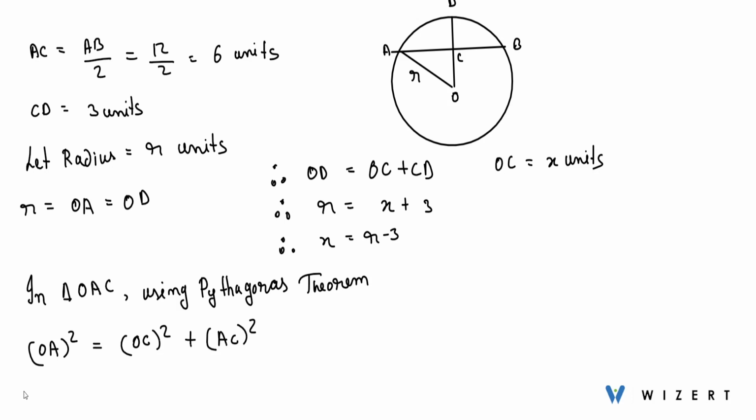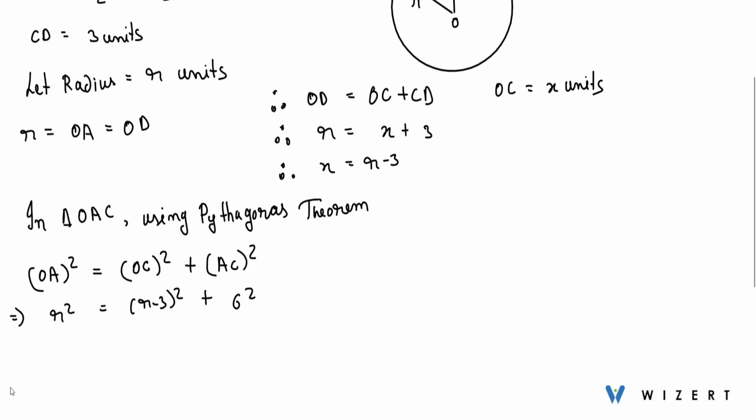Now OA is nothing but radius of the circle, so we will have R square equals OC square, where OC is X, which can be written in terms of radius of the circle, that is R minus 3 whole square, plus we have AC. So AC will be equal to 6 units, so it will be 6 square.